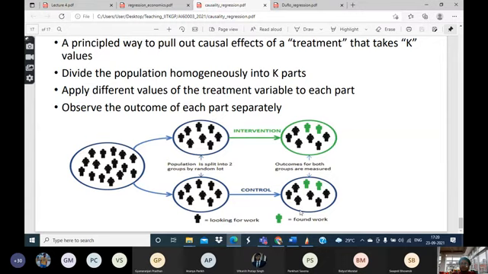That is, they received 0 doses of vaccine, and among them the COVID prevalence rate was found to be 30%. Among the second group, who received 1 dose of vaccine, that is X equal to 1, the prevalence rate is 32%. And finally, for the third group, who received 2 doses of vaccine, X equal to 2, the prevalence rate is 15%. So from such an experiment, what conclusion can be drawn?